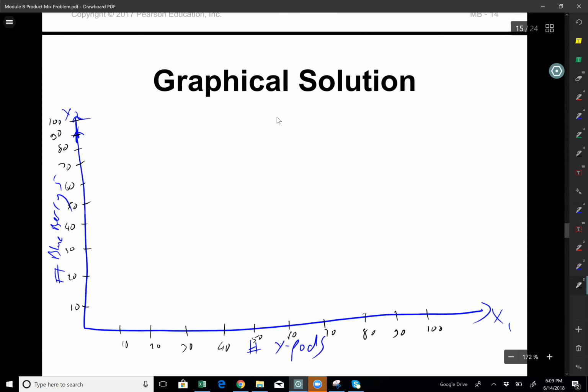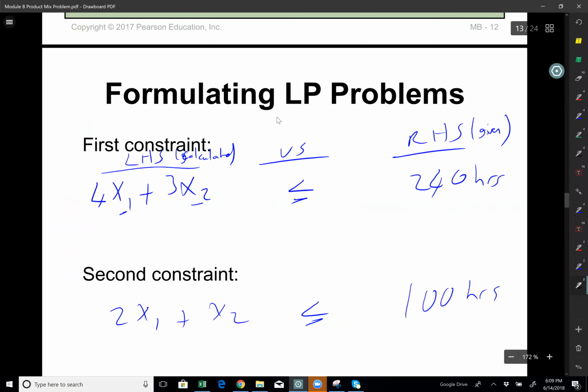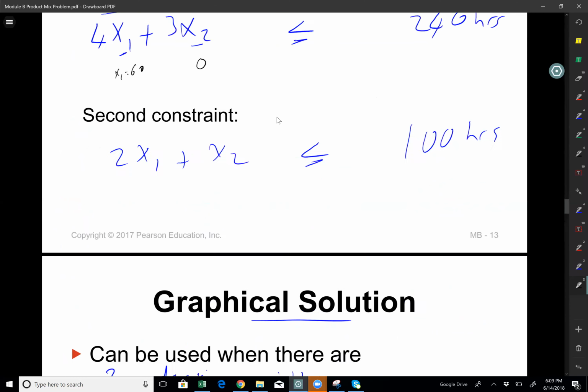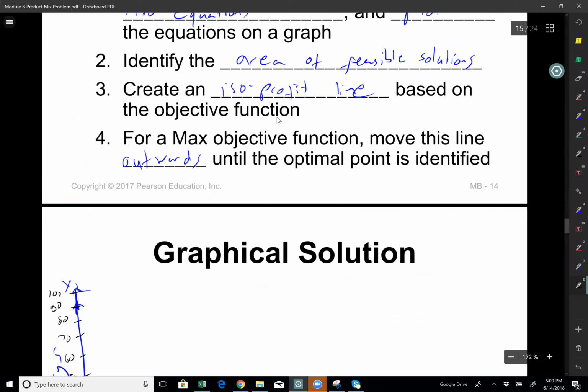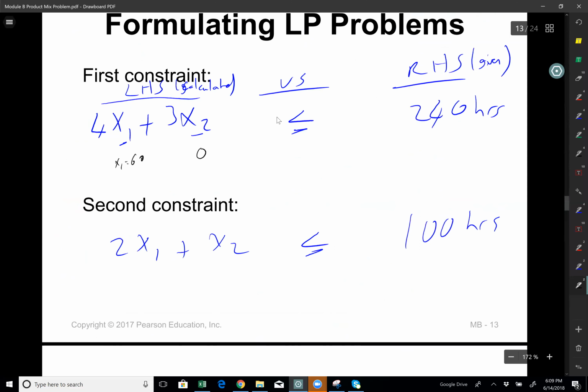So x1 is, in the first constraint, if I put x2 as 0, basically x1 is 60, right? 60 times 4 will be 240. So that's the point right here, 60 and 0. And if I put x1 equal to 0, then x2 will be 240 divided by 3, which is 80.